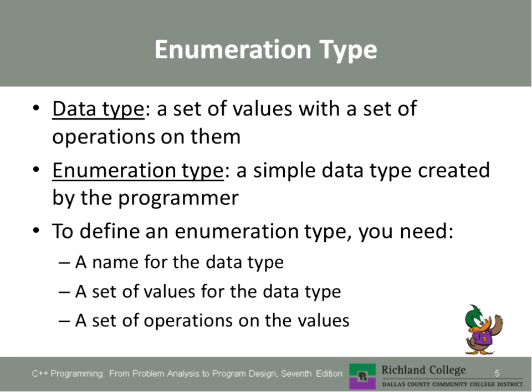So an enumeration type is a simple data type that is created by you, the programmer, and it can be used in your program. To define an enumeration type, we'll need a name for the data type, a set of values for the data type, and the set of operations on those values.